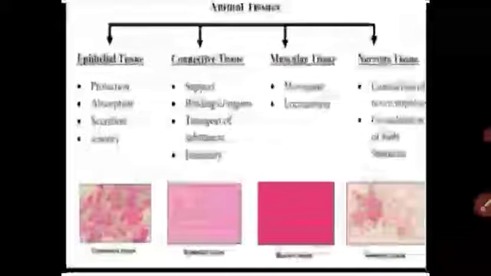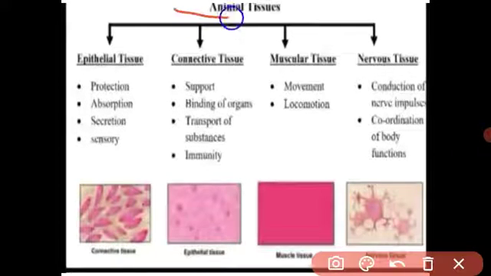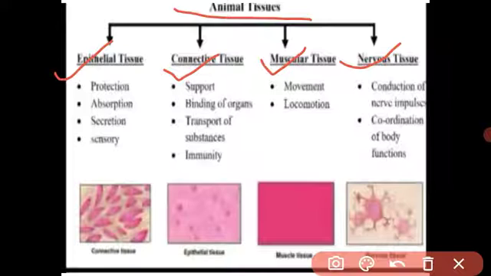Let us first revise what we have seen in the previous video. We have seen the animal tissue. Animal tissue has four types already. We have studied epithelial, connective, muscular and nervous tissue. Epithelial tissue is the tissue present on our outer surface, like the skin.